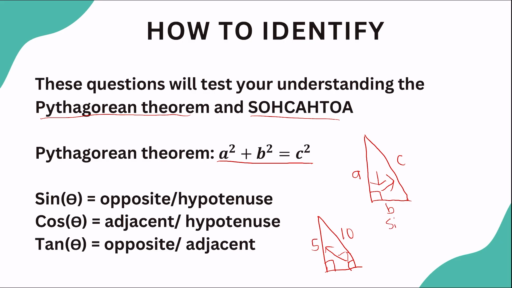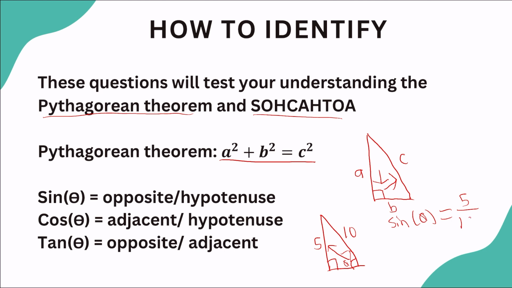Then the sine of our imaginary angle theta here equals opposite, 5, over hypotenuse, 10. So SOHCAHTOA is a great way to remember this. So for SO, it's sine equals opposite over hypotenuse. CA is cosine equals adjacent over hypotenuse. And then TOA is tangent equals opposite over adjacent.